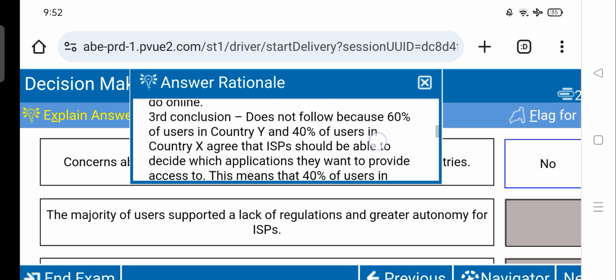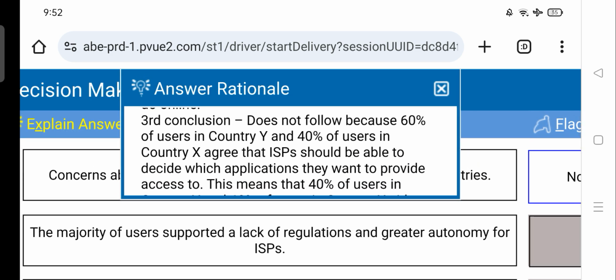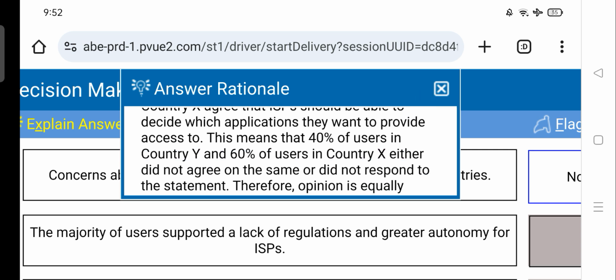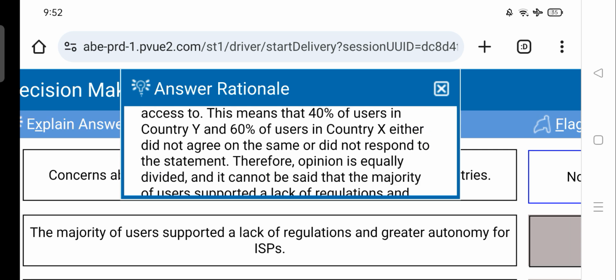Third conclusion does not follow because 60% of users in country Y and 40% of users in country X agree that ISPs should be able to decide which applications they want to provide access to. This means that 40% of users in country Y and 60% of users in country X either did not agree on the same or did not respond to the statement.